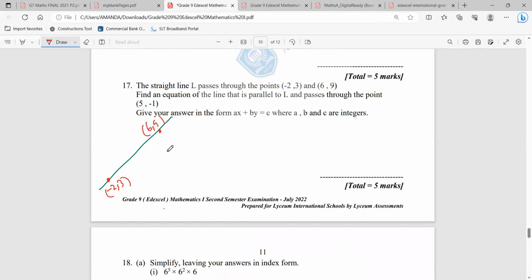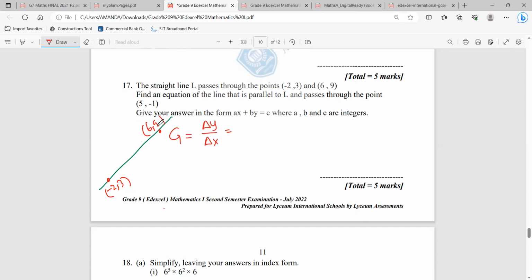So with this information, we can find the gradient of this line. Why do we need the gradient? Because they are asking for a line parallel to this line. So let's find the gradient. Gradient is change in y divided by change in x.